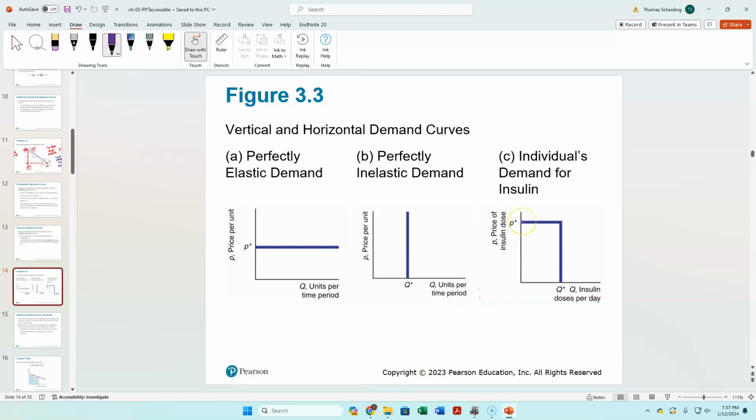So in my case, right, I'm not going to buy any, but we would imagine, right, that a person who does need it would be at a point, right, where it's at a certain price and they consume that amount that they need. But they're not going to overconsume insulin, despite whatever the price is, right? At some point, you're not going to buy more than you need, just like you're not going to buy more electric than you need. It's a pretty established amount that people are going to buy.